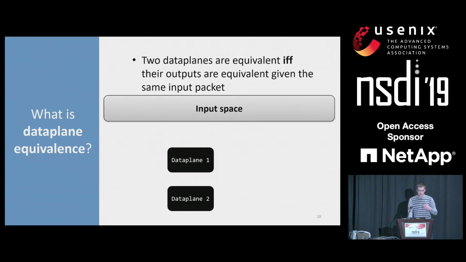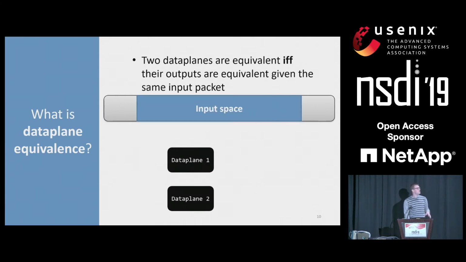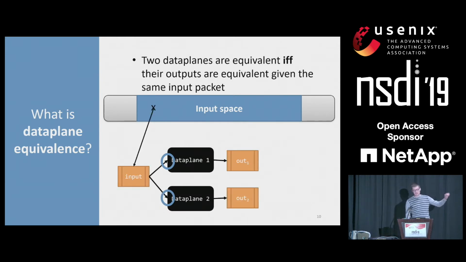By dataplane equivalence, given two data planes and some input packet space, the user will define a range of input packets that he's interested in showing equivalence for, and a set of equivalent ports in the two topologies. Basically, for all packets in the input space that he's interested in, he will inject these packets in equivalent ports and find out if the outcomes of injecting this packet in the two topologies are actually equivalent.